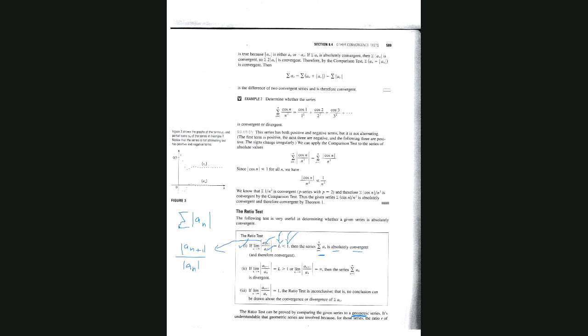Because in a geometric series, the ratio of two terms is always equal to a number, the common ratio.